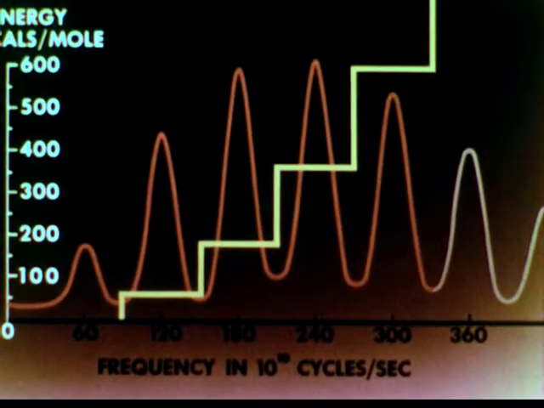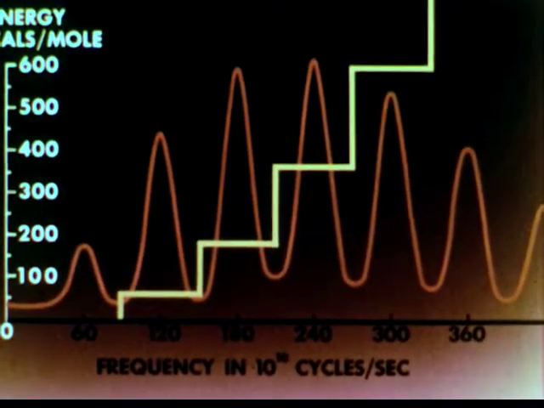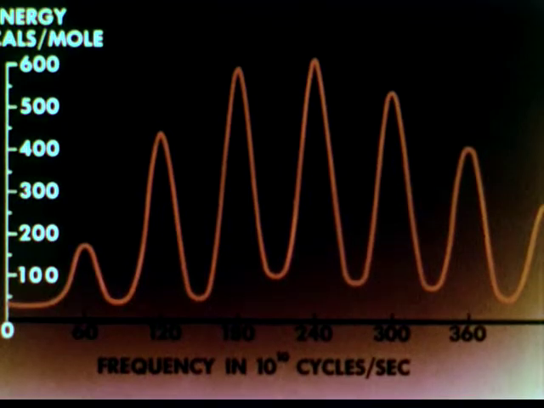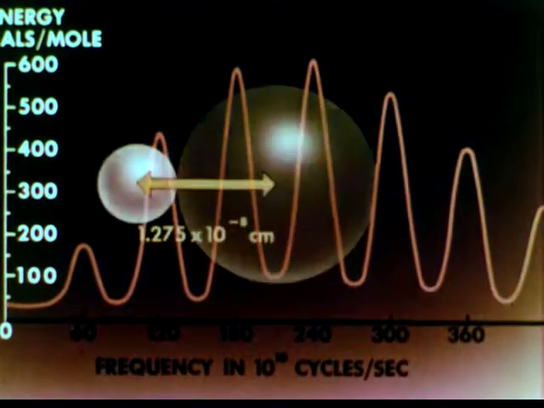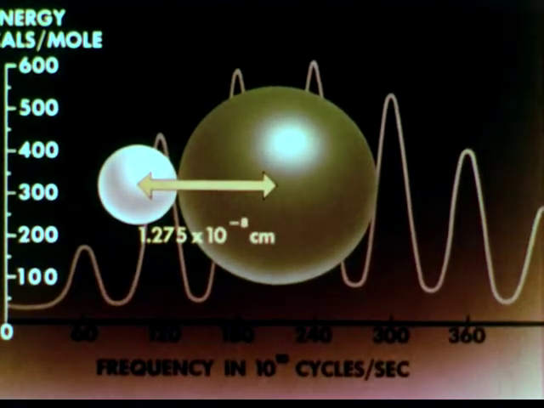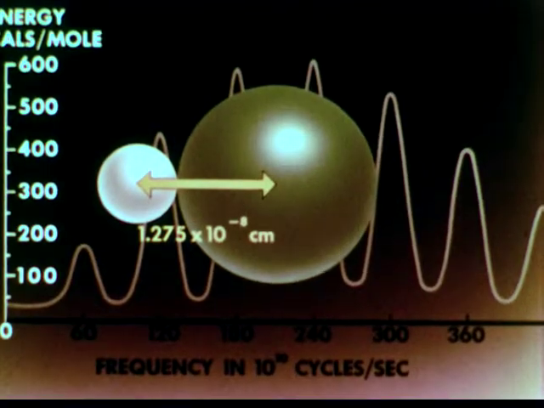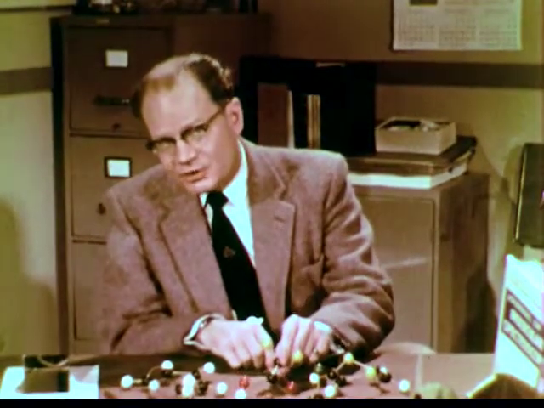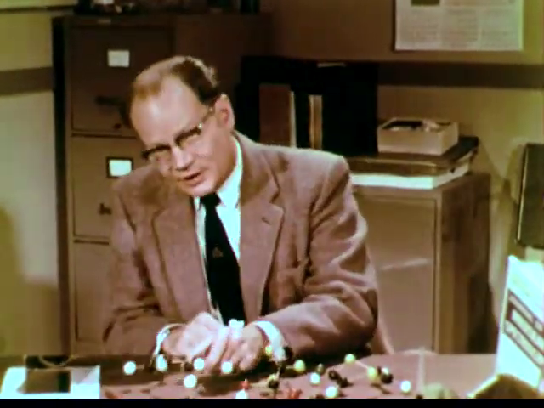The importance of the rotational spectrum to the chemist lies in the fact that it's possible to calculate the length of the hydrogen-chlorine bond from the frequencies of the absorption lines. From this particular spectrum, the length of the HCl bond is calculated to be 1.275 times 10 to the minus 8th centimeters. Although we've talked mainly about very simple molecules, the spectra of more complex molecules can be interpreted in a similar way and yields valuable information about the length and the springiness of chemical bonds.